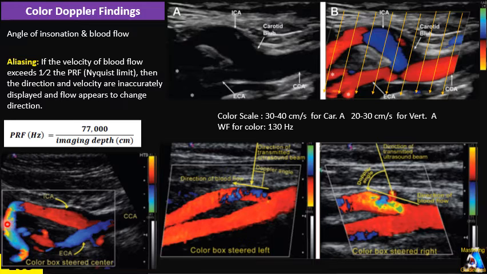For example, at these two levels, that curving, we can see some degree of aliasing. The main reason for that, at this level the blood flow almost becomes parallel to the sound beam, and so the registered Doppler shift is the highest one and goes beyond the limit of the color scale, so it creates aliasing at these two spots.